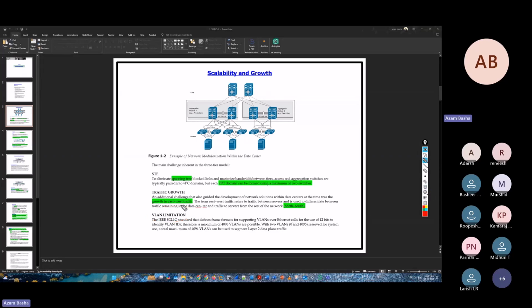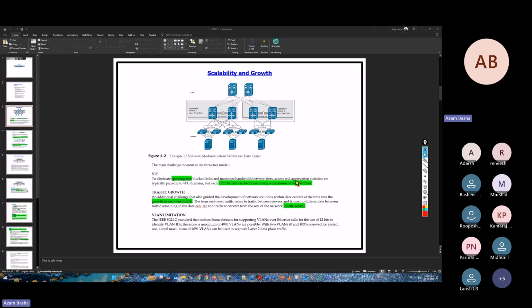Folks, you have to remember east-west bound traffic and north-south bound traffic. This is a terminology that you have to remember, which is used like a normal nomenclature nowadays.